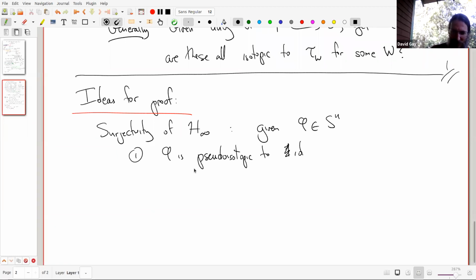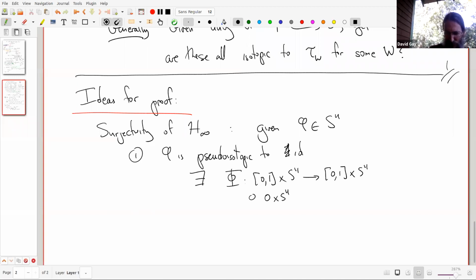What pseudo-isotopic means is that there exists a diffeomorphism, capital Phi, from [0,1] cross S4 to [0,1] cross S4, such that Phi restricted to 0 cross S4 is equal to the identity, and Phi restricted to 1 cross S4 is equal to the given map little phi. If Phi mapped t cross S4 to t cross S4, it would be a regular isotopy. But here it can mix up the levels, and then you don't know.